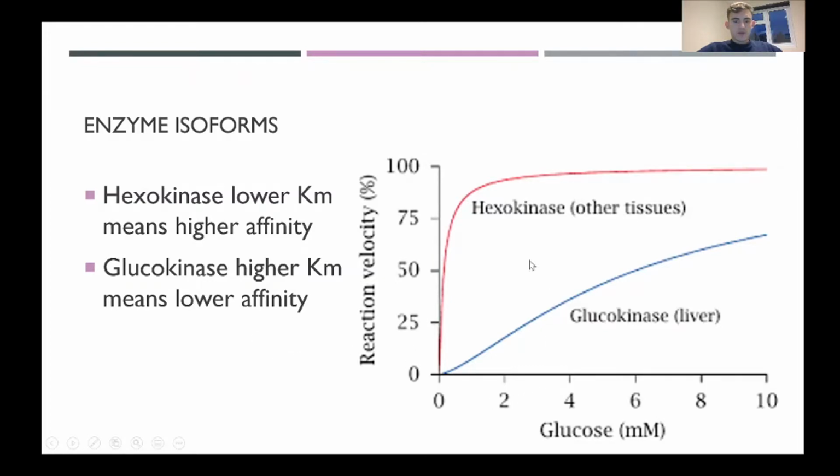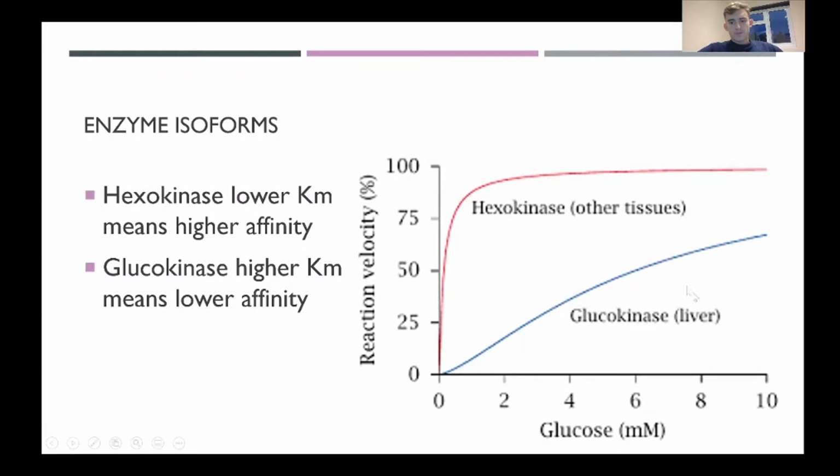So this means that glucose will be quickly broken down by hexokinase into the glucose 6-phosphate that we talked about in the last lecture. This works at very low glucose concentrations, meaning glucose does not build up too high.